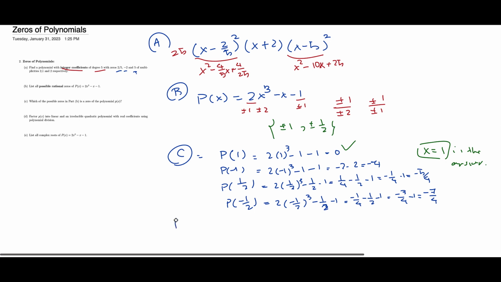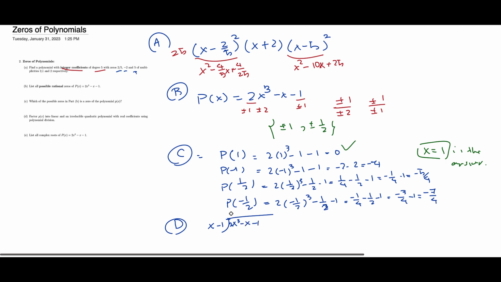The factor related to x equal to 1 is x minus 1, and then I will have 2x cubed minus x minus 1.